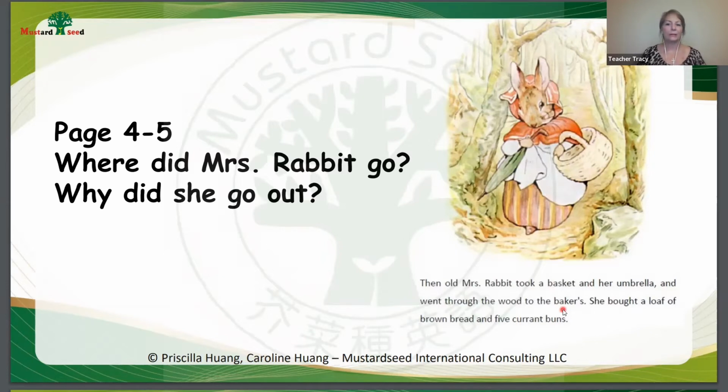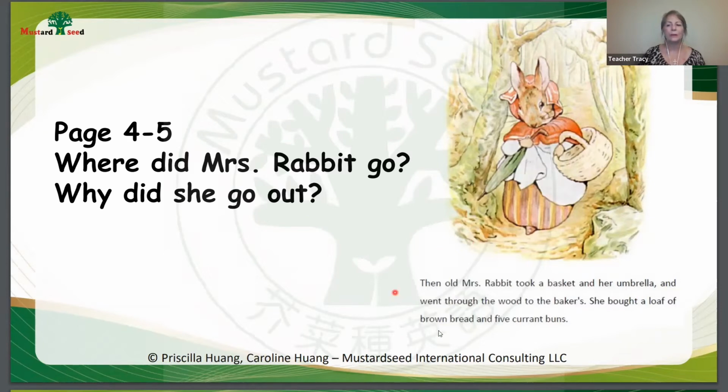Sometimes they can make a lot of different things, but normally a baker will have something that they put in the oven, and they usually make it with dough. There's a lot of different bakers out there in different styles. You may have those where you live as well. So she went out because she had to get a loaf of bread, right, Catherine?